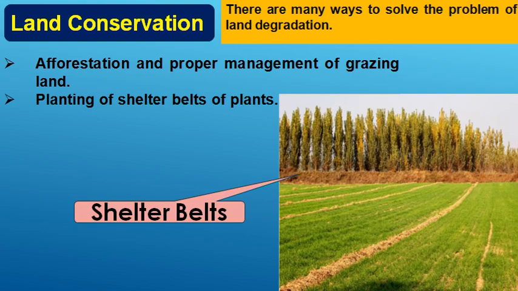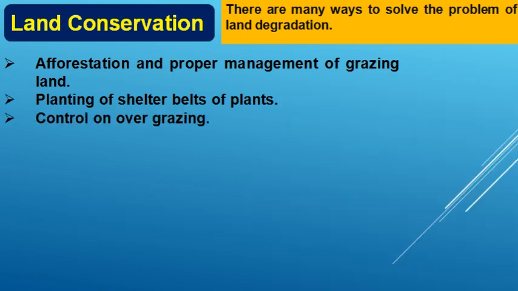We should prevent it from erosion. One of the methods is, along the border of the agricultural land, plant trees, which are referred to as shelter belts, and that reduces the velocity of the wind and thereby prevents land degradation.